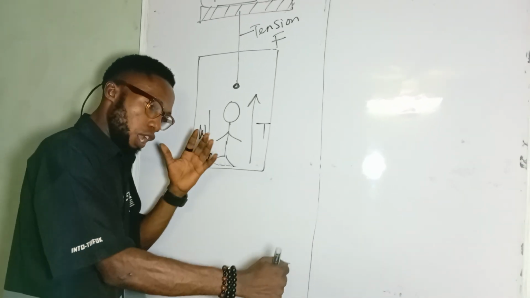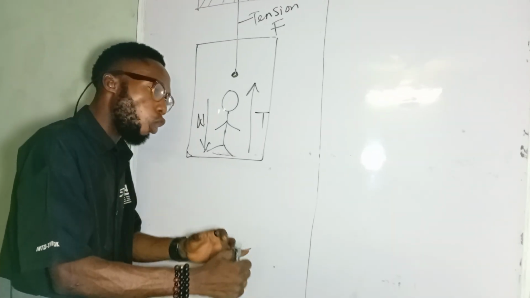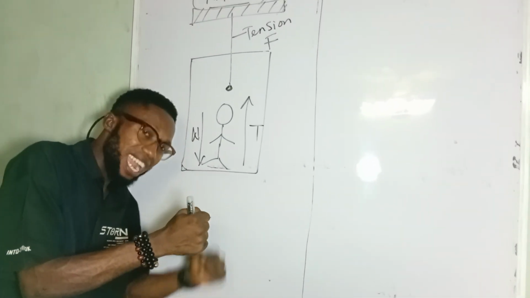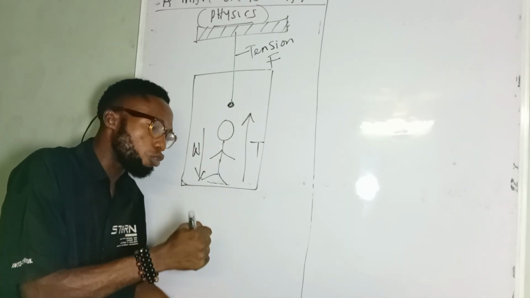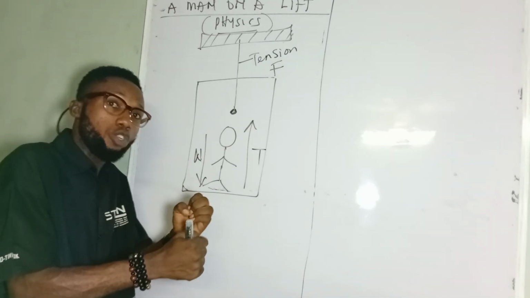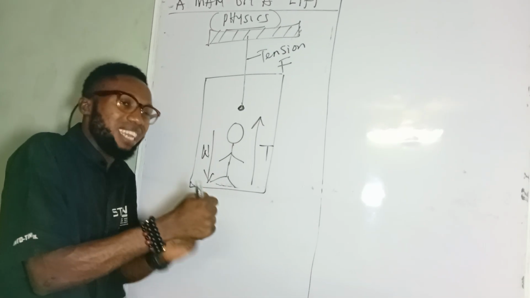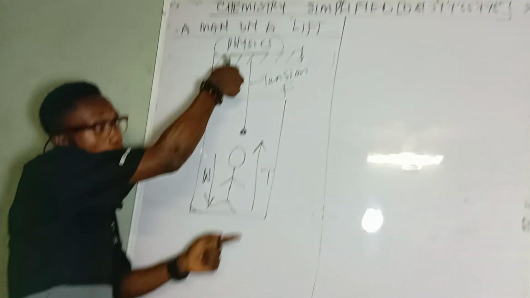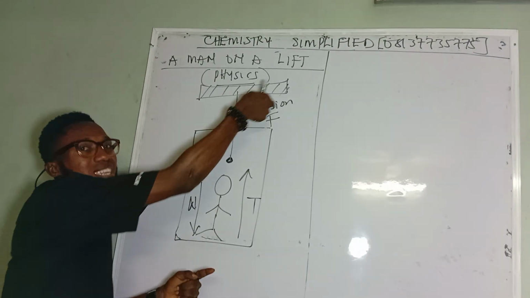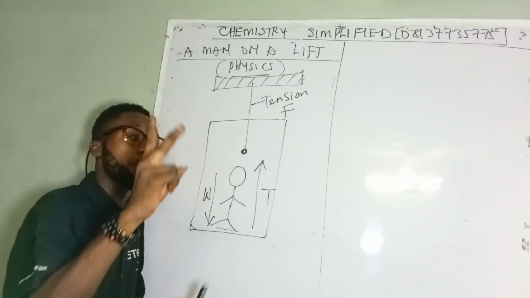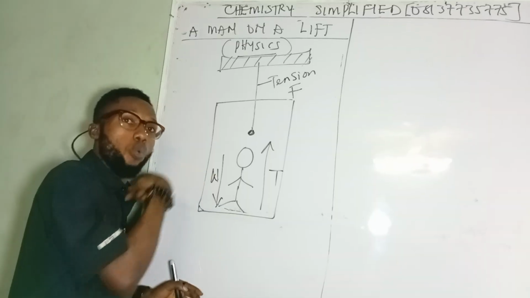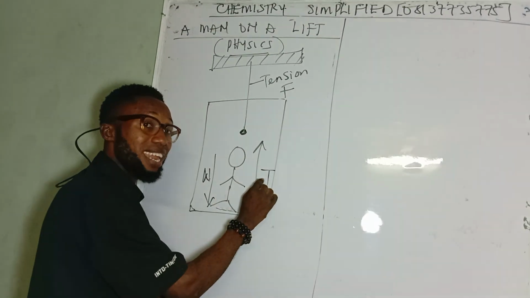But the force you use to hold on to the handkerchief, you are exerting that force in the handkerchief so that you'll be able to carry the bucket upward. Do you understand? So the force you are exerting is in the handkerchief, and that handkerchief is serving as the rope of this lift here, which is what? Tension. Do you understand? So there are two forces acting on a man on a lift. You have the downward force called the weight, and you have the upward force called the tension.